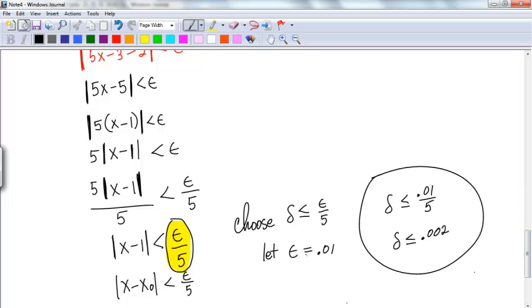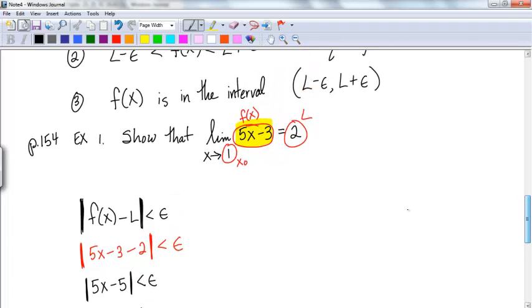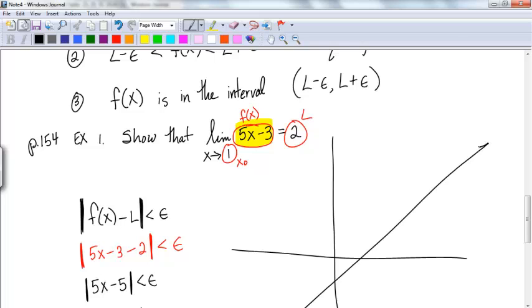So if I said epsilon's 0.01, go back up here. If we're looking at our graph, we're going to have something that goes through like this. At x is 1, y is 2. So if I said x was 1 here, go across, my limit would be 2. I'm checking this answer, if I said my epsilon was 0.01, it would be 2 plus 0.01 and 2 minus 0.01.